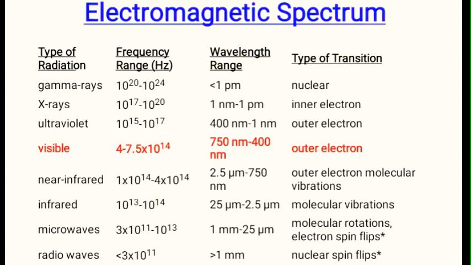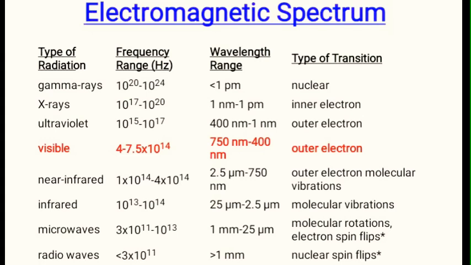So first rays is gamma rays, that is 10 raised to the power 20 to 10 raised to the power 24. The wavelength range is less than 1 pm, and the type of transition is nuclear.